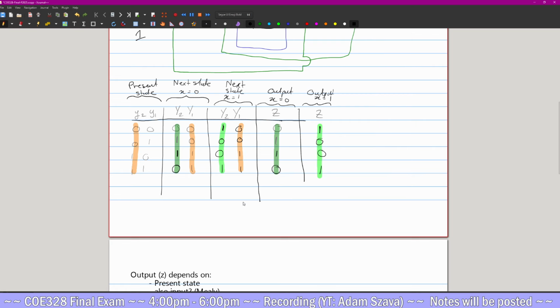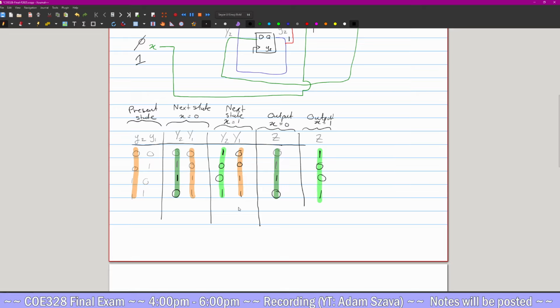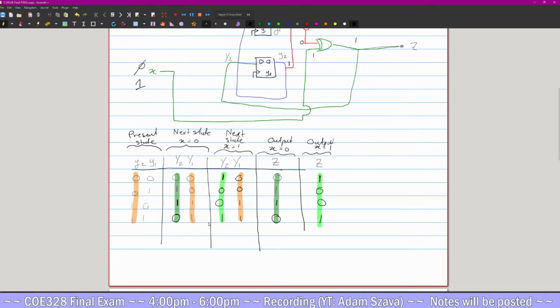We have everything set up here for us. This state table tells us everything we need to know about the actual logical functionality of this circuit. It tells us that if we are in state 0 and my input is 0, then I will stay in state 0.